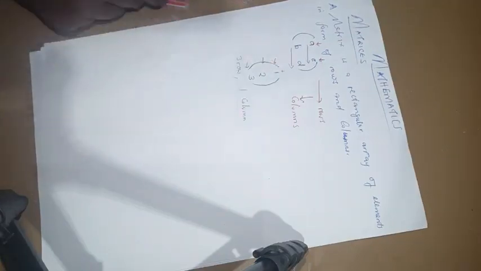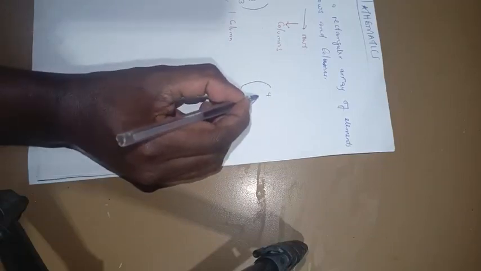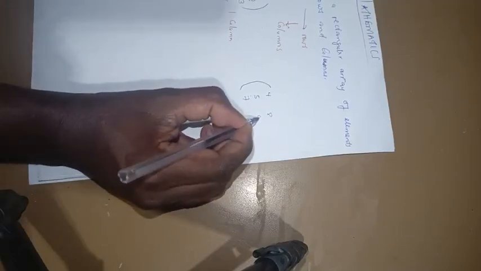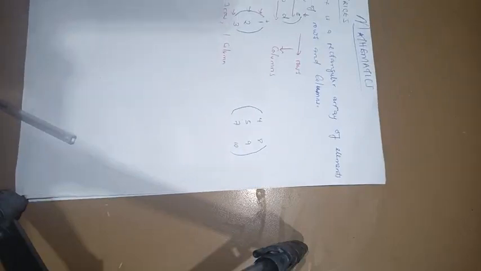What about this one? 4, 5, 7, 8, 9, 10. How many vertical lines do we have? We have 2.